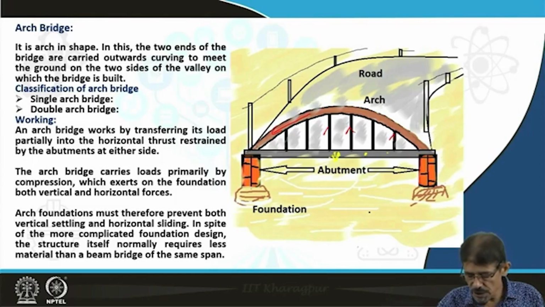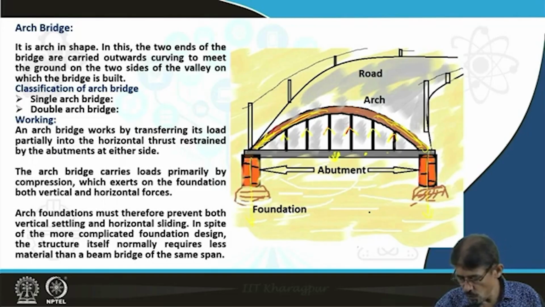This compressive load is transferred by this structure to the arch structure, and the arch structure transfers the whole load to the abutment side. Here all the load is mobilized towards the abutment side, and finally the abutment transfers the load to the strata.